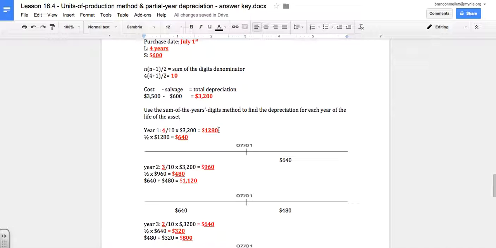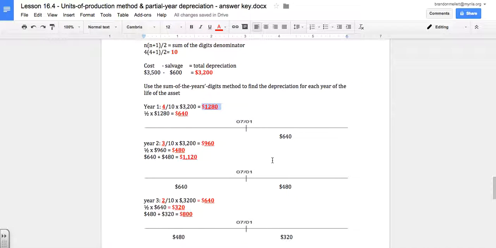Now, since it was purchased in the middle of the year, in July 1st, we can only count depreciation for 6 months. So what we would do is take our $1,280 and multiply it by 6/12, or reduce down to 1/2. So we would take 1/2 times 1,280 and we would get $640.